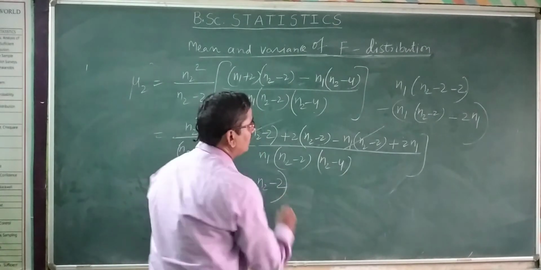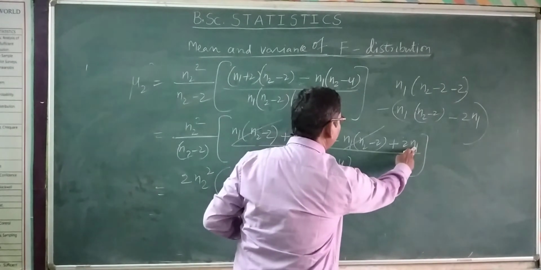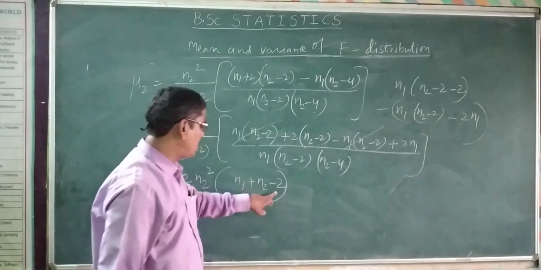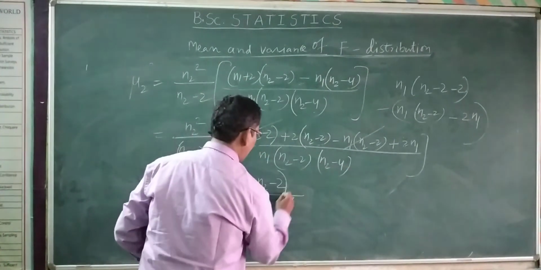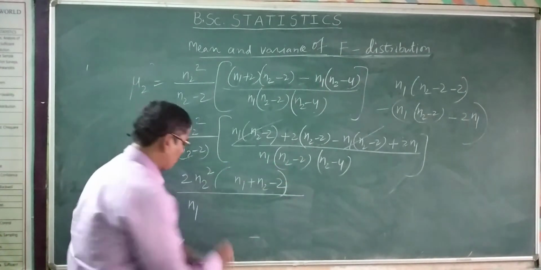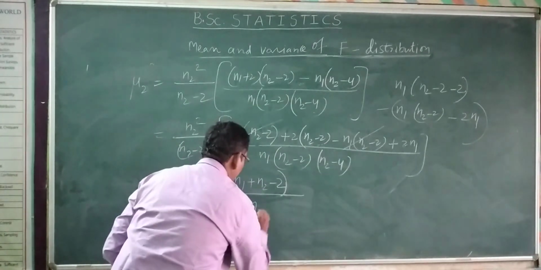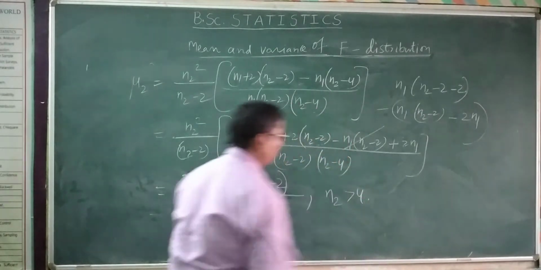Do you understand? Take common. Here 2 taken common, n1 plus n2 minus 2, divided by n1 into n2 minus 2, n2 minus 2 whole square into n2 minus 4. This is the value of variance for which n2 should be greater than 4.